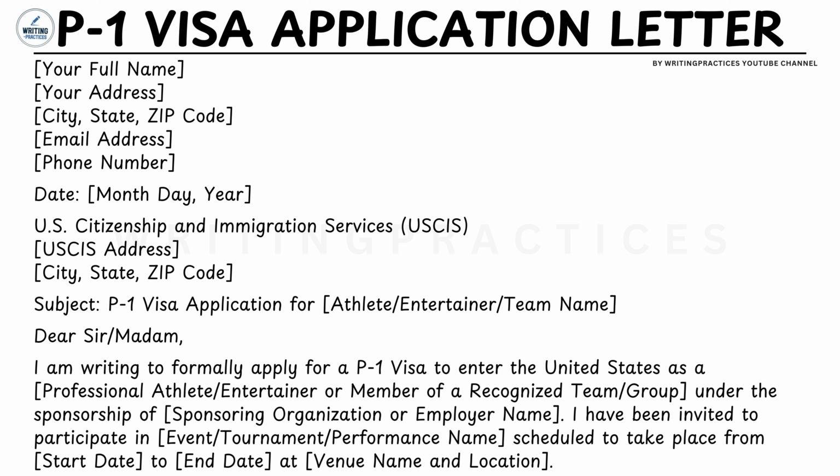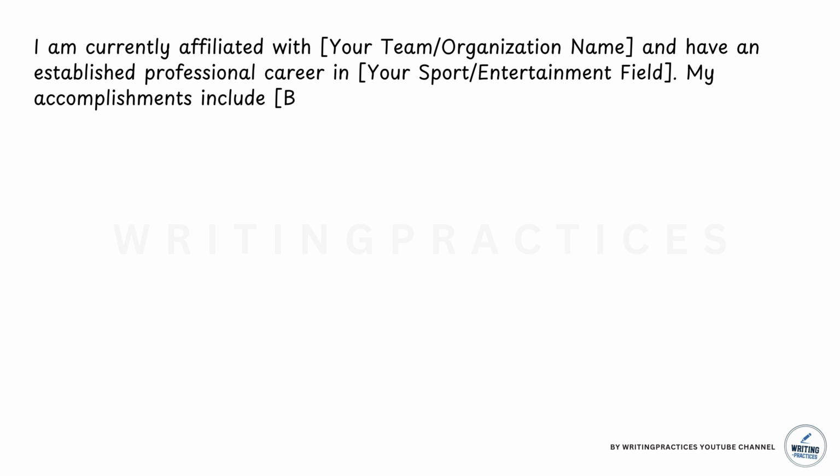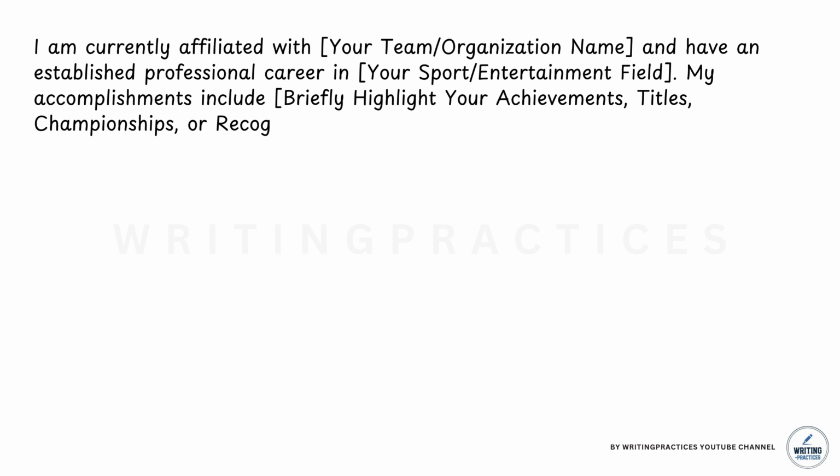Body paragraph 1, establishing your professional background. The next paragraph should provide details about your professional career and qualifications. You need to demonstrate that you are internationally recognized in your sport or entertainment field. A strong way to structure this paragraph is, I am currently affiliated with your team or organization name and have an established professional career in your sport or entertainment field.